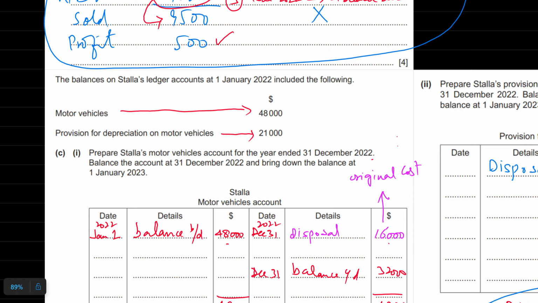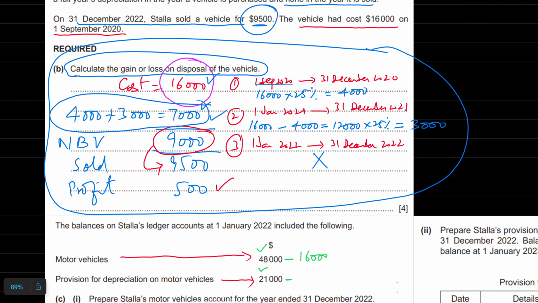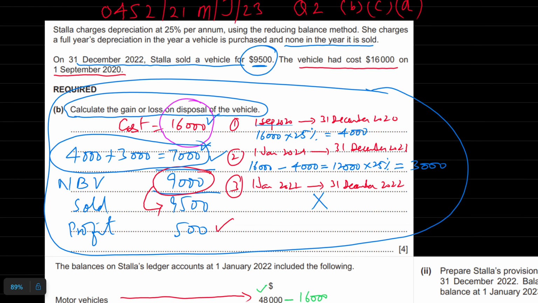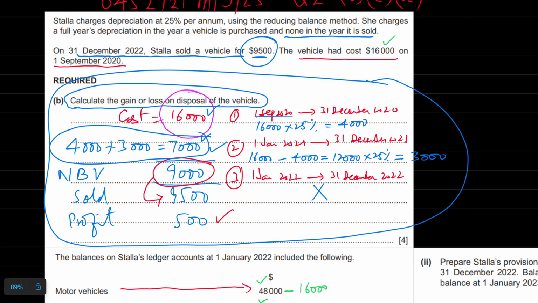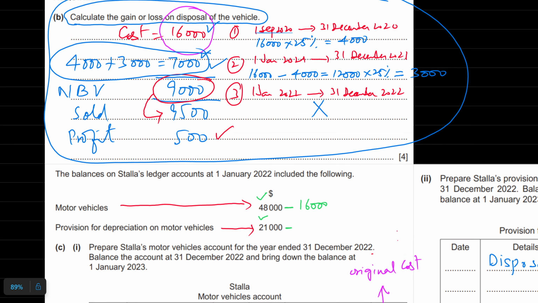Students, this is opening balance of motor vehicles cost account, and this is opening balance of provision for depreciation of motor vehicles account. First of all, subtract the asset from the balances that was sold. Subtract cost of that asset from cost. The original cost of the asset that was sold was 16,000, and subtract its total depreciation, that is 7,000, from the provision for depreciation.